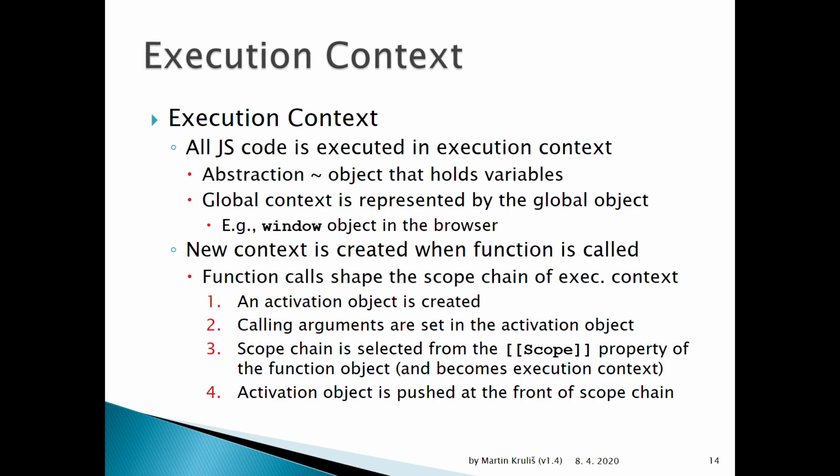The function actually holds its own execution scope or scope chain alongside with it. So it's a very important thing for a dynamic language like JavaScript. The function defines the scope in which the code will be executed. And then the activation object is pushed at the front of the scope chain, so it becomes the first object in this scope chain, the most important one where the most relevant data are.